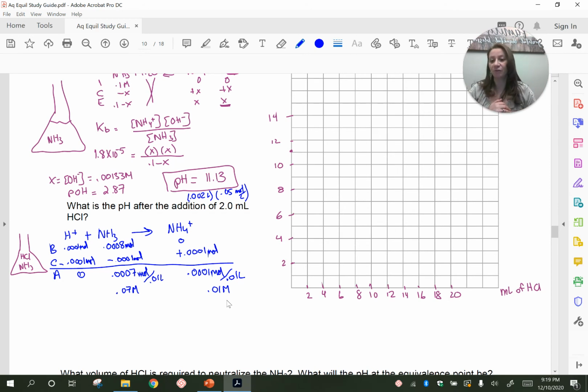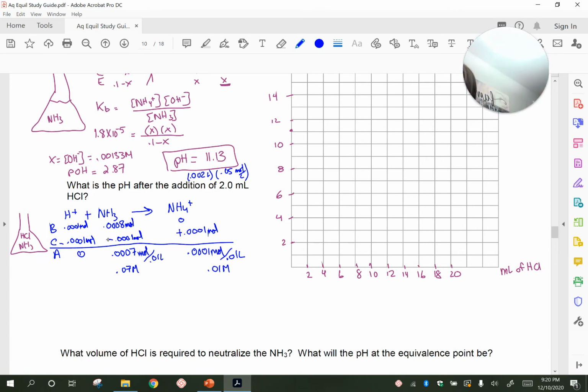To find the pH of a buffer, you could write the dissociation equation for your weak base here, do an ICE chart, just like we did here. Or you could do the Henderson-Hasselbalch. So I'm going to use the Henderson-Hasselbalch. And since it's a base, I'm going to use the basic version of the Henderson-Hasselbalch. So pOH is equal to pKb plus log of the conjugate acid over the base.